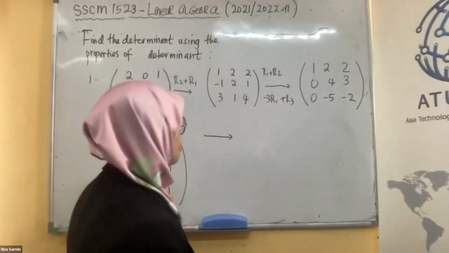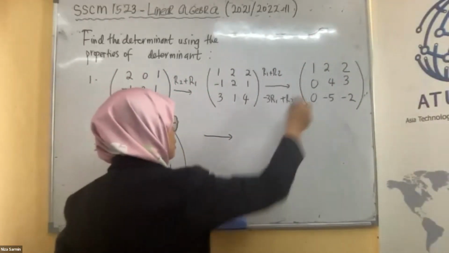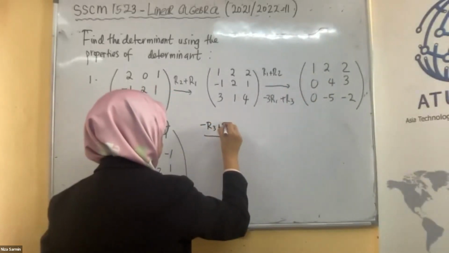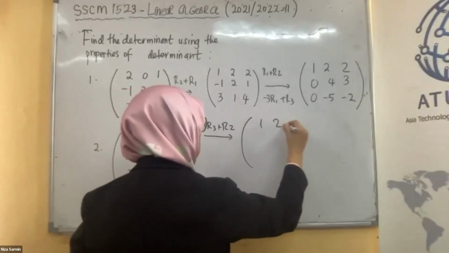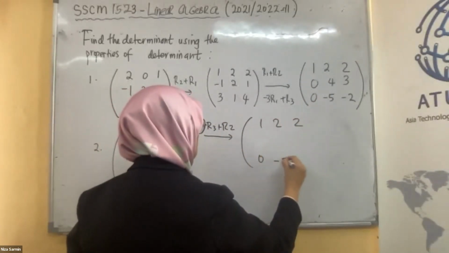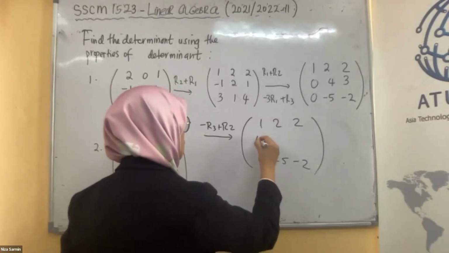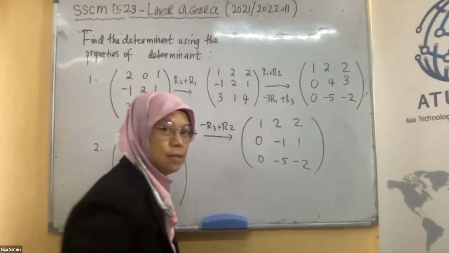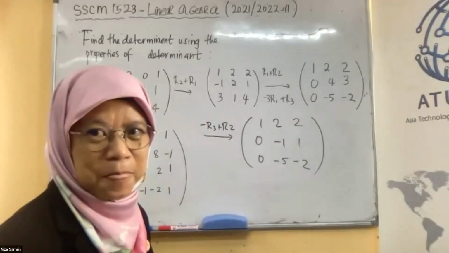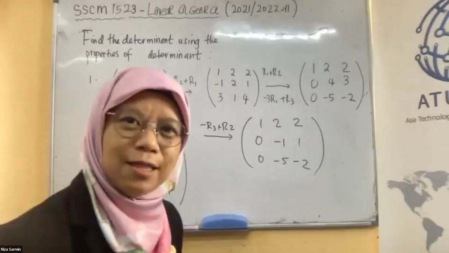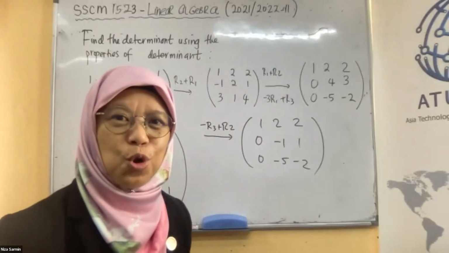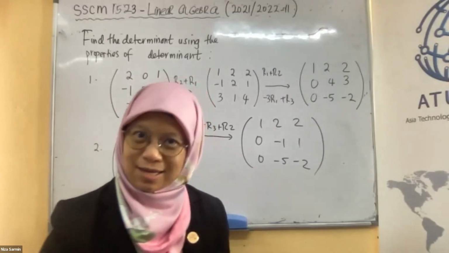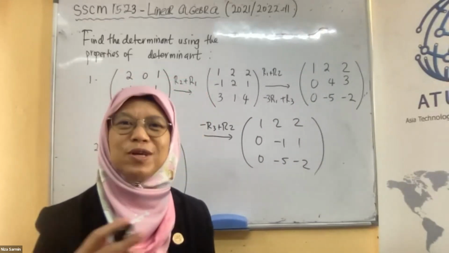Okay, let's try and see how to make this one. Probably I just do this to show you. Okay, and then this is 0, negative 1. Just add, right? I don't say that we want to reduce to row echelon form. We want to reduce to diagonal, upper triangular, or lower triangular.